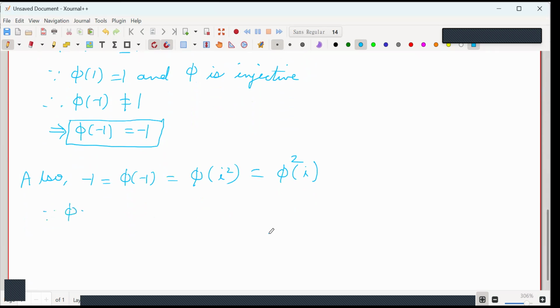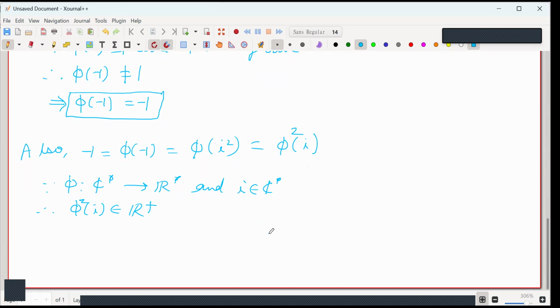Now, since phi is a map from C star to R star and i belongs to C star, therefore phi of i squared must be a positive number. Clear? So we are taking the square of a non-zero real number. So the square is always a positive number inside R star, right? Yes, sir.